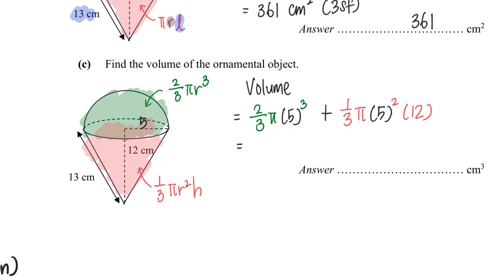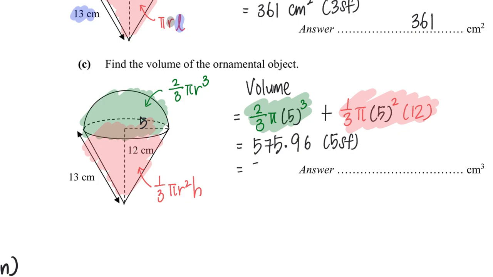Okay, so this is my green color volume and this is my red color volume, and this will give me a value of 575.96. This is about 5 significant figure, followed by final answer 576 cm cube to 3SF.